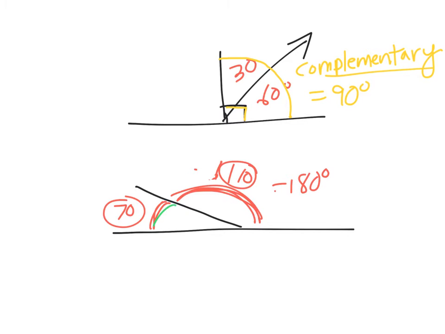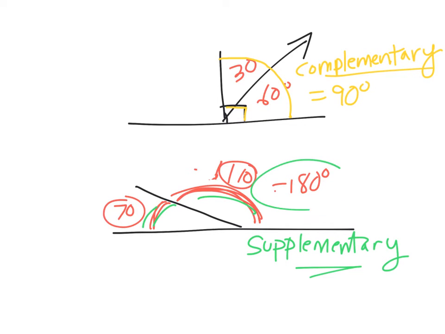So this angle and this angle are two angles together. They are called supplementary. And that's all we have to be concerned about right now. Two angles that equal 180 degrees are supplementary. Two angles that add up to equal 90 degrees are complementary.